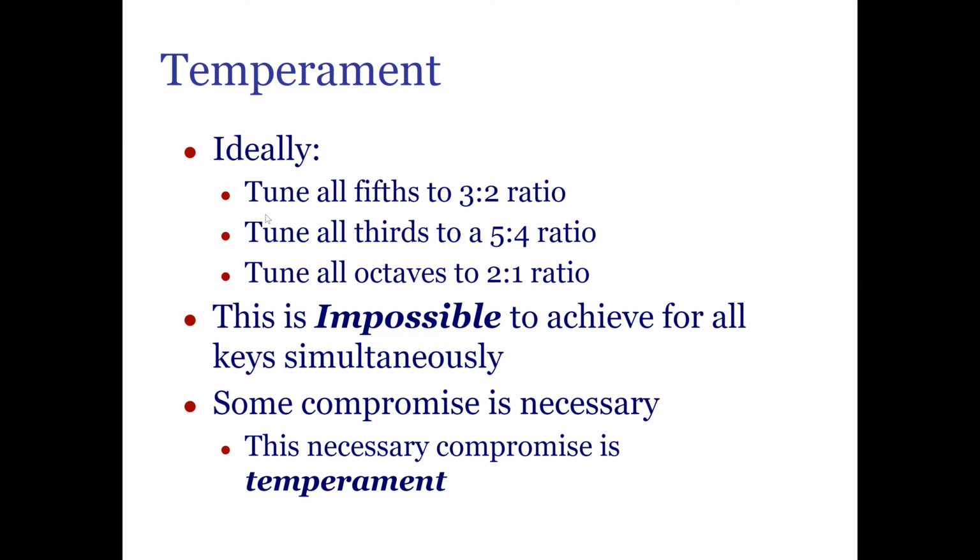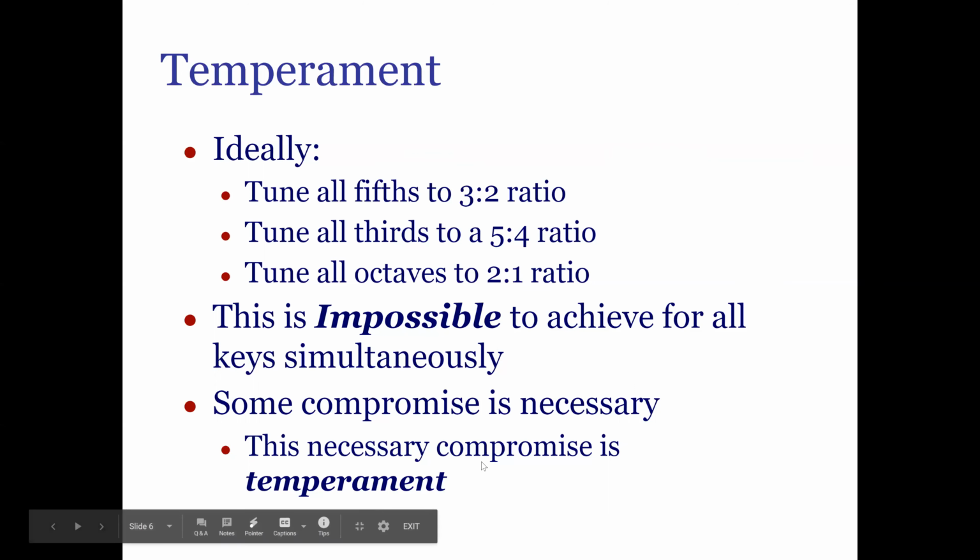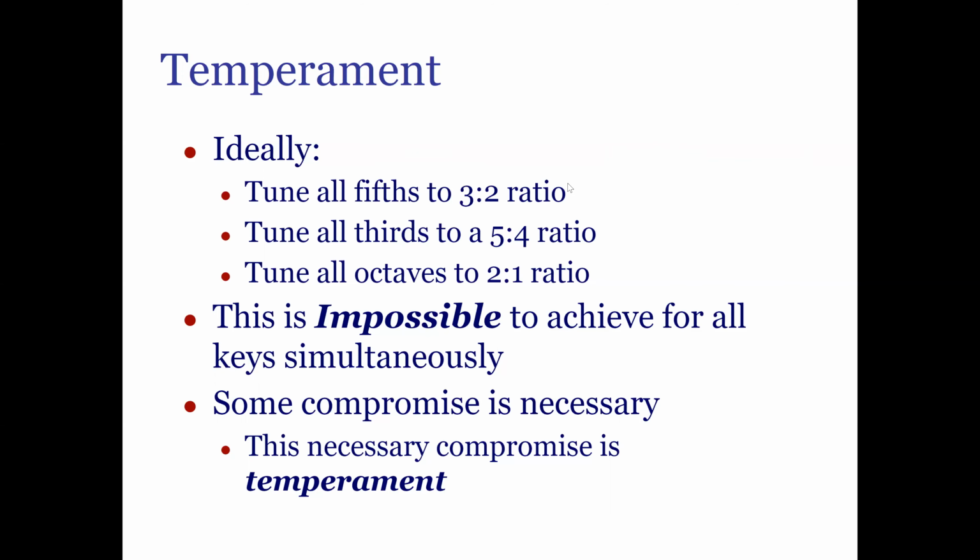When we have an open temperament, we're naturally going to have some keys that sound better than others, and dealing with that is just the nature of the beast. So the compromise we make in tuning is what we actually call the temperament.